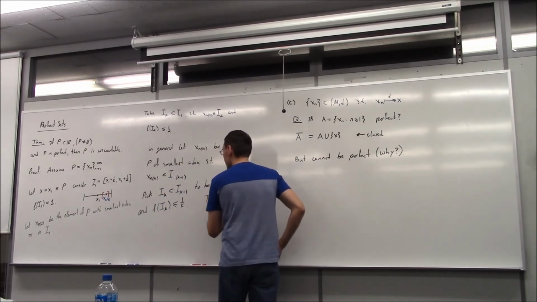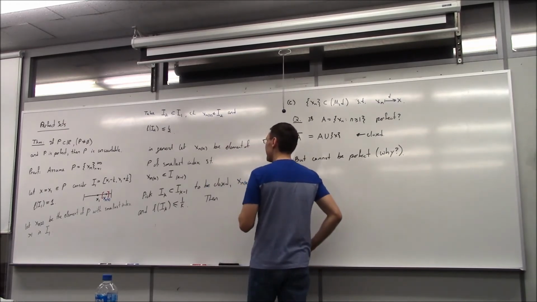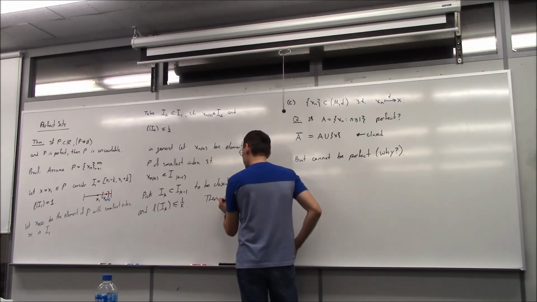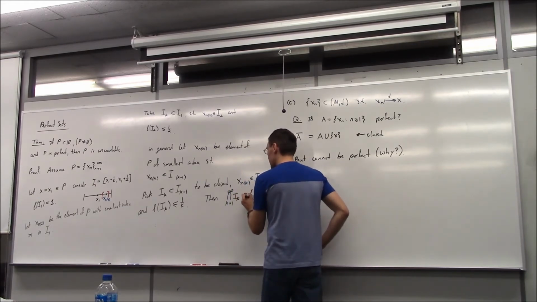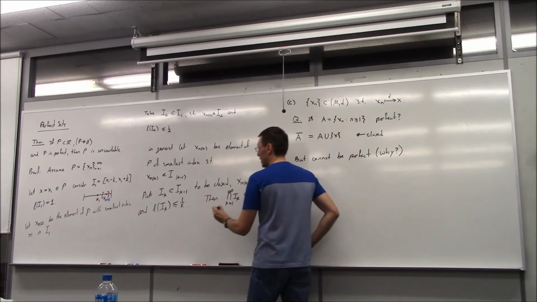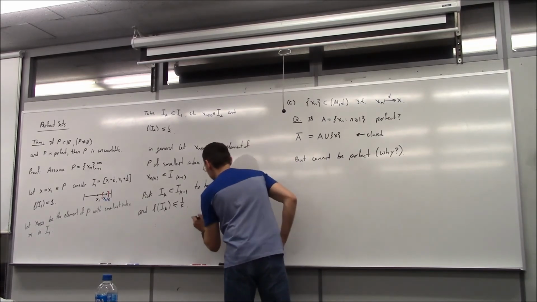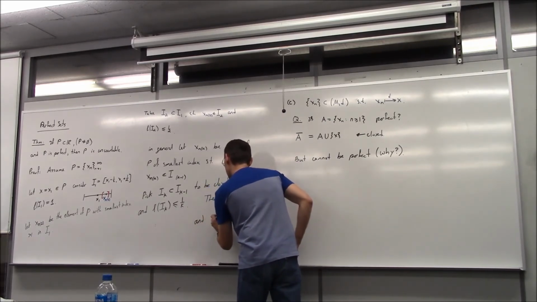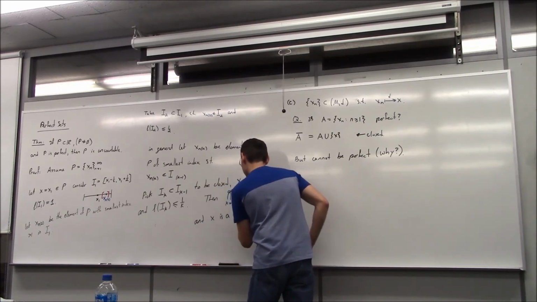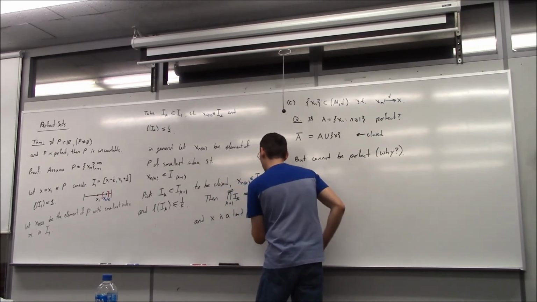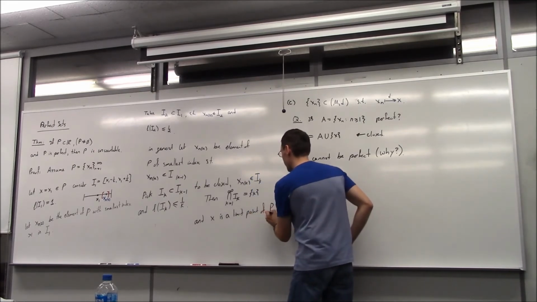Then the intersection, where k starts from 1 to infinity, of I_k will contain some element x, and x is a limit point of P.